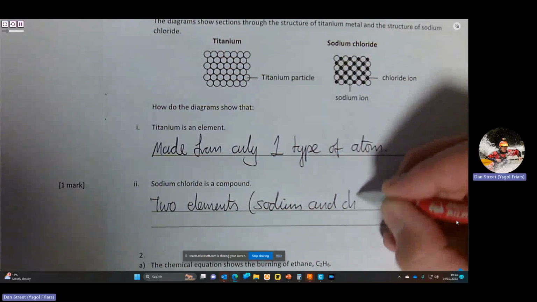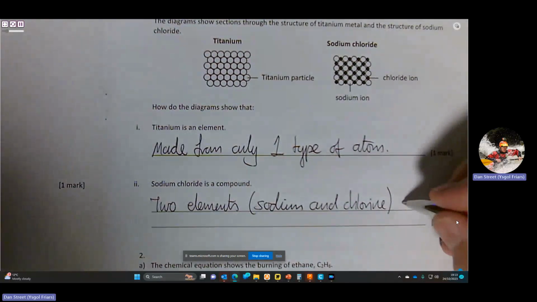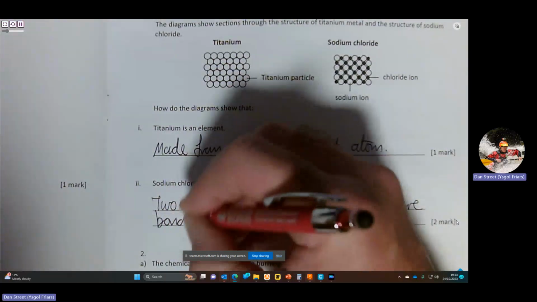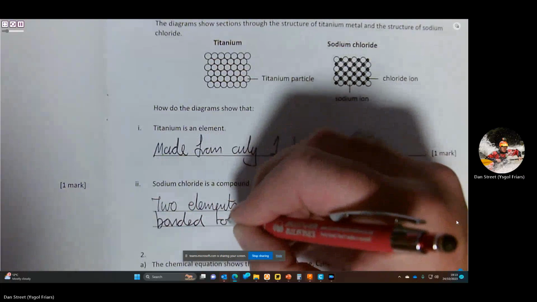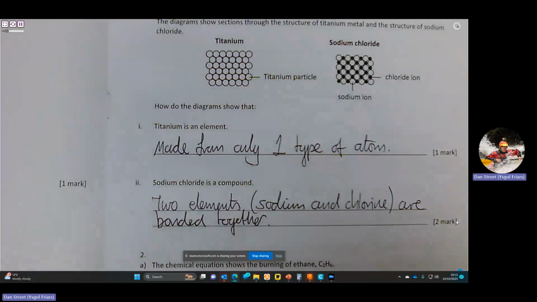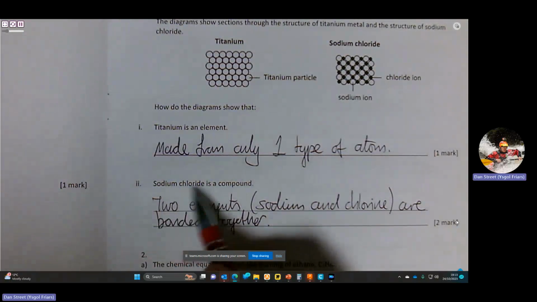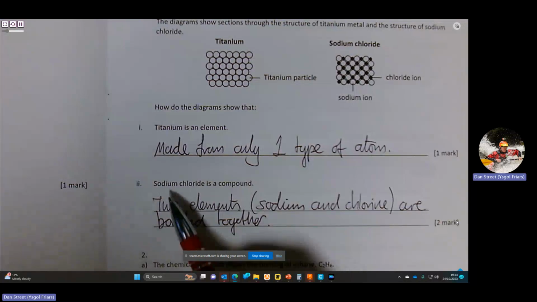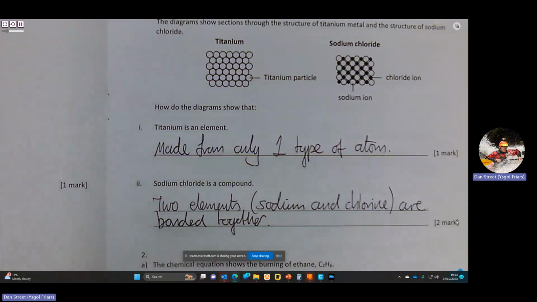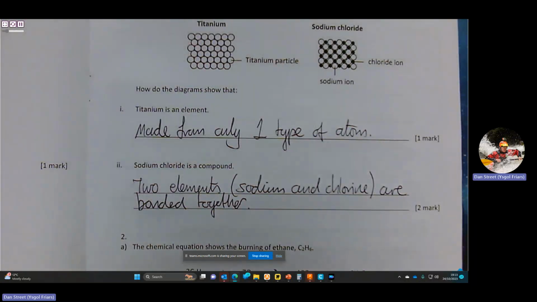And when chlorine forms part of a compound, we change its name to chloride. So 2 elements are bonded together. Okay, so that's the definition of a compound. We've got 2 or more elements and they're bonded together. So it's the word 2 and the word bonded that are the key words there. Okay, so that's the end of question 1.